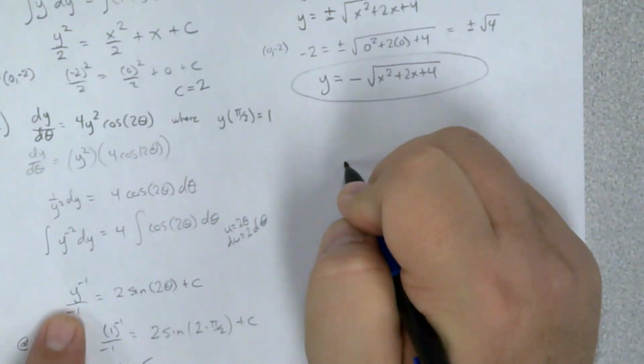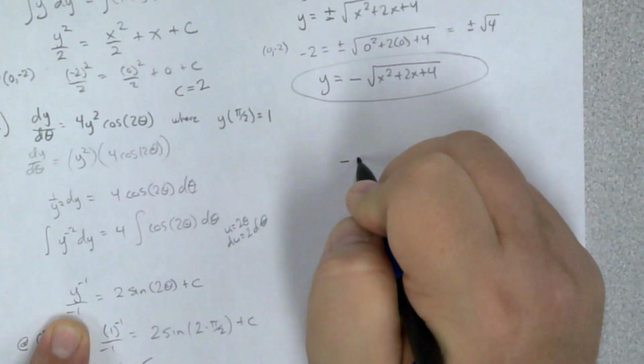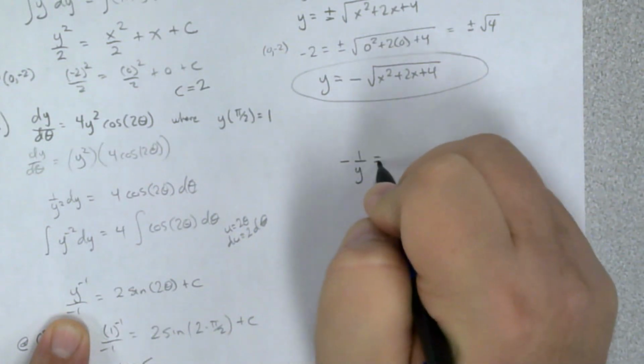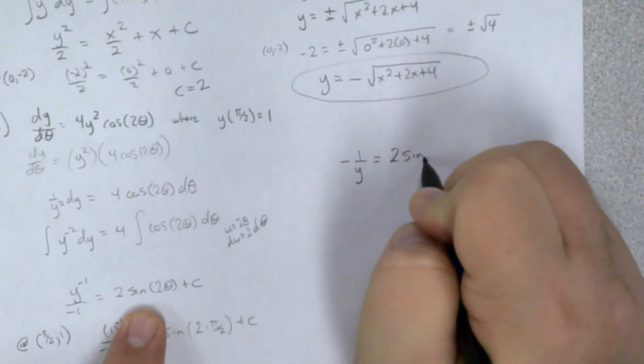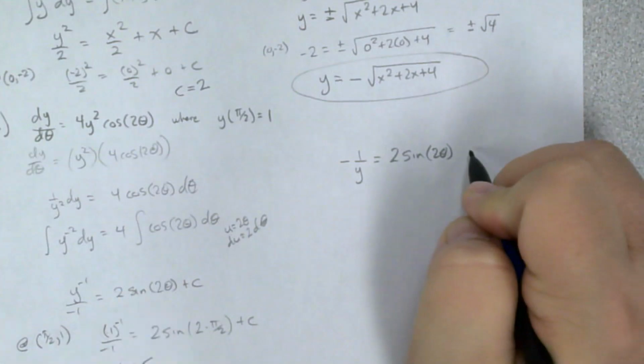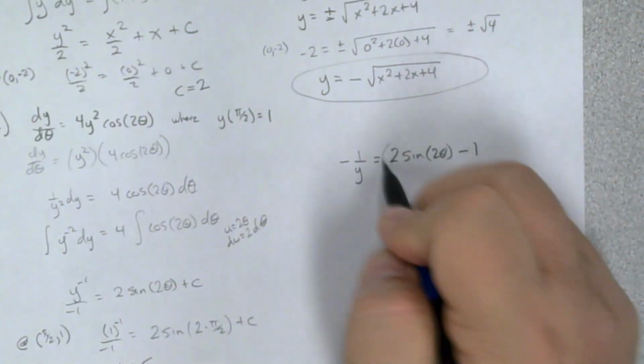So, look at this again. You'll see that this is going to be a negative 1 over y equals 2 times the sine of 2 theta minus 1. So, look at this as a single object here.